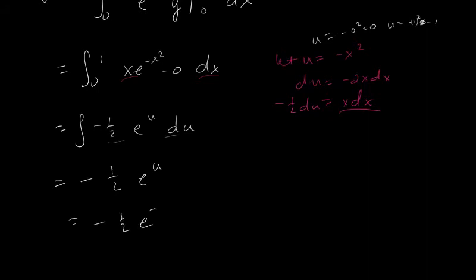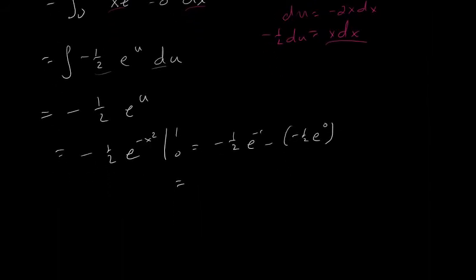So negative 1/2 e to the negative x squared evaluated from 0 to 1. So that's going to be negative 1/2 e to the negative 1 minus negative 1/2 e to the 0. e to the 0 is 1. So this is negative 1 over 2e, because the e will go into the denominator, plus 1/2 times 1 is 1/2.